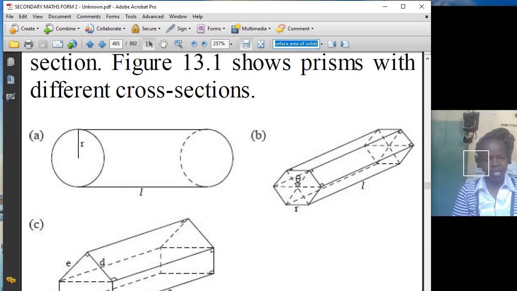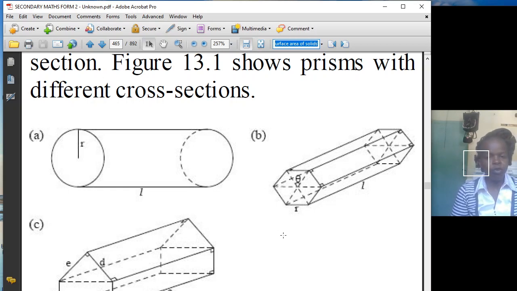If it is 6-sided, it will form 6 triangles. If it is 8-sided, it will form 8 triangles. So we'll have a different number of triangles depending on the polygon.